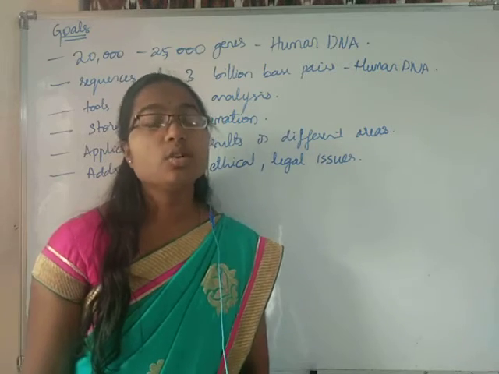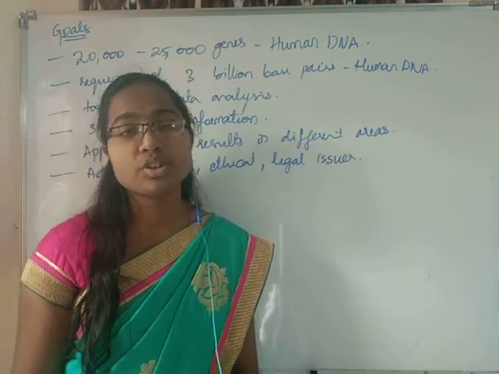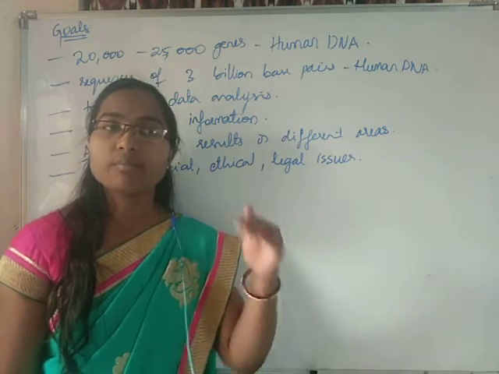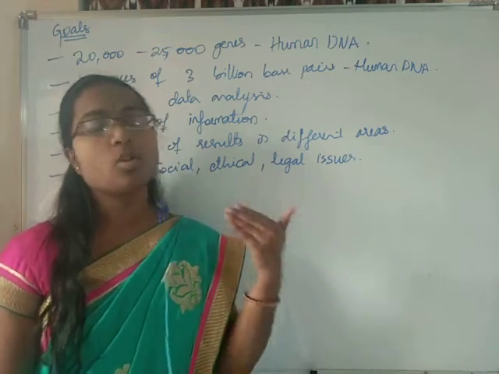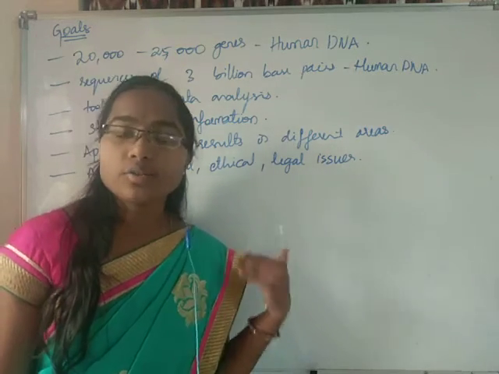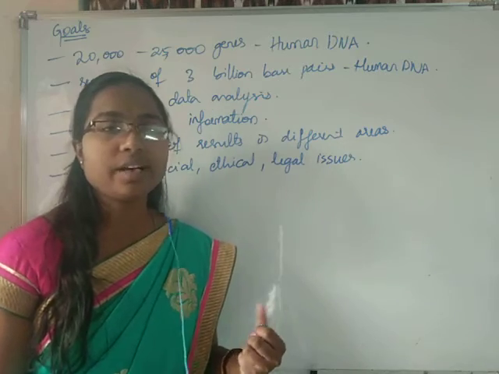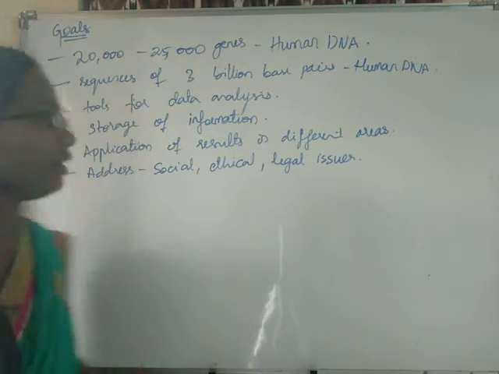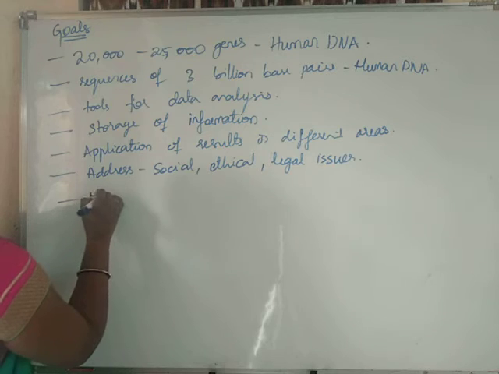Okay, students. So, by utilizing this Human Genome Project, the DNA of human beings is identified. By 2003, almost all the chromosomes of the human beings have been identified. And along with the human, some non-human DNA also has been identified.